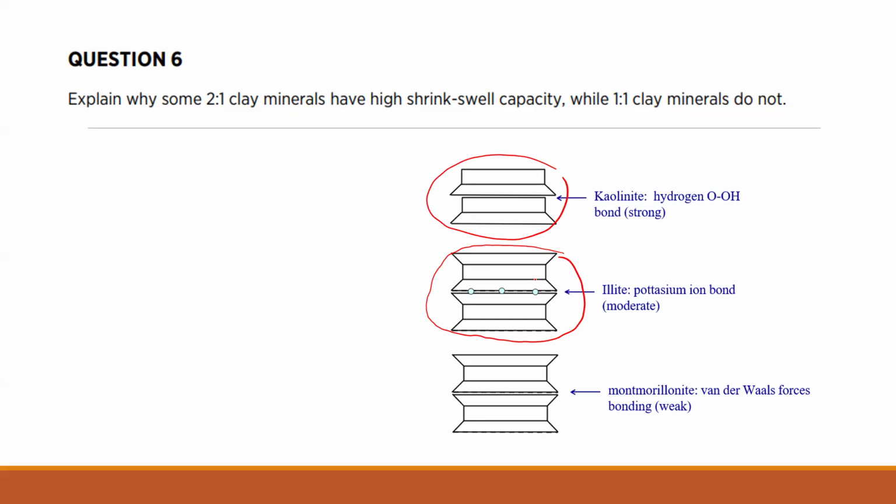When sheets are together making layers, you can see in between this structure in kaolin, if you can remember, we have strong hydrogen bonds. So water can't easily go in here because it's bonded. So the activity is less. But if you consider illite, we have potassium ions here as the bond.